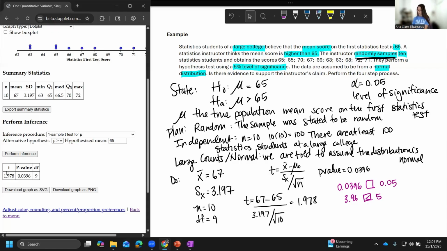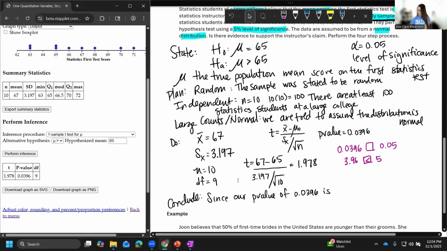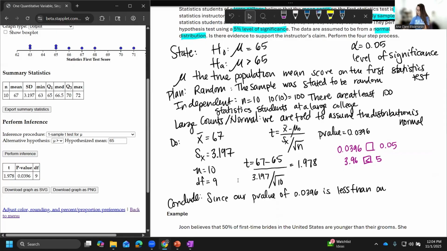So the way that we draw our conclusion is we say, since our p-value, and we list our p-value of 0.0396 is, and this is where we compare it to the level of significance, less than our alpha equals 0.05 level of significance. P-value low, reject the H0.